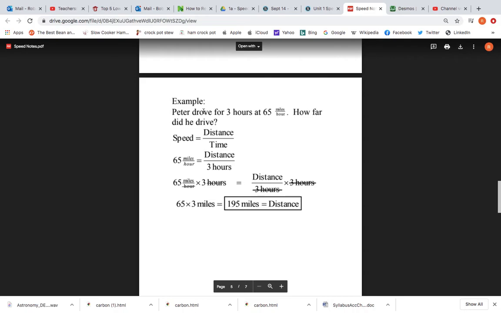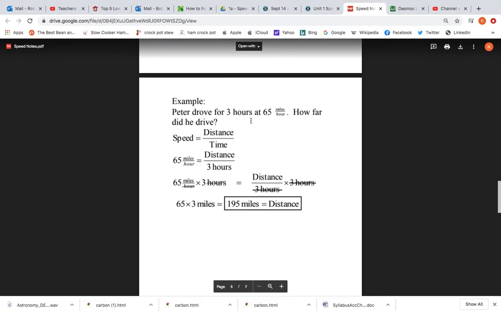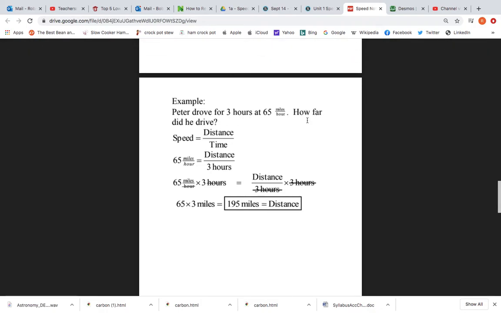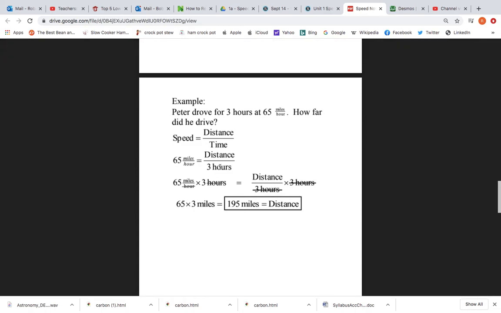Another example, if we're looking for distance: Peter drove for 3 hours at 65 miles per hour. How far did he drive? So how far is a distance question. Okay, so you plug in the numbers that you know. 65 miles per hour is your speed, and the time is 3 hours.